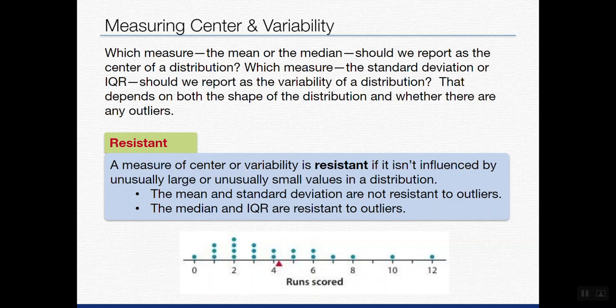So for example, if you have an upper outlier, your mean is going to be pulled in the direction of that outlier. So your mean is going to be higher because there was one extremely high value. Same thing with the standard deviation. One value that is either much larger or smaller than the rest of the data set will make your standard deviation a lot larger. The median and the interquartile range, however, are resistant to outliers.